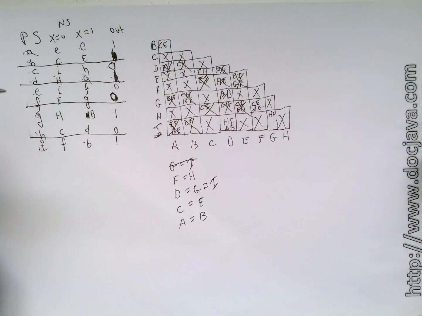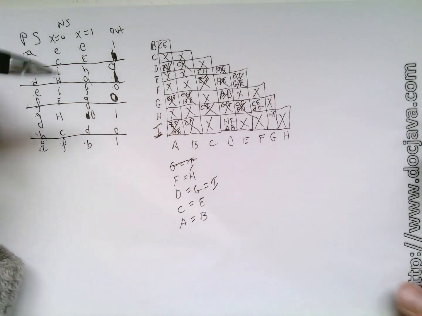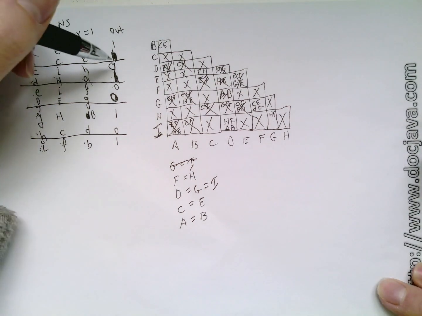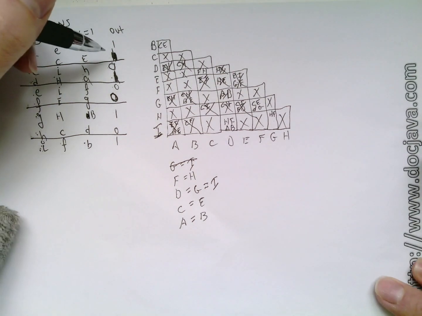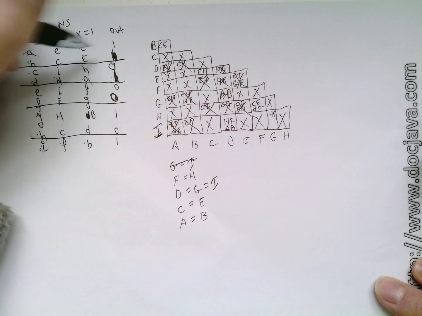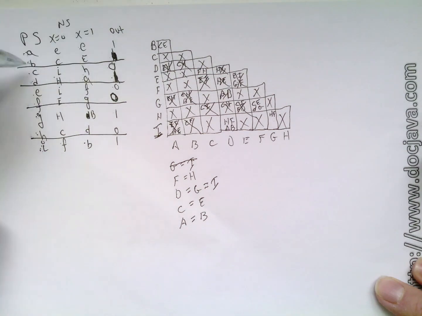And what else do we have? I think that's it. So now what we can do is we can say A is equivalent to B, therefore any reference to B can be replaced with A. So I can cross this out.